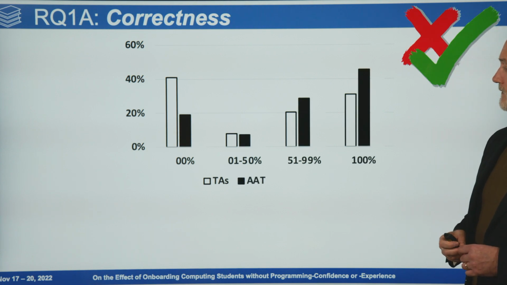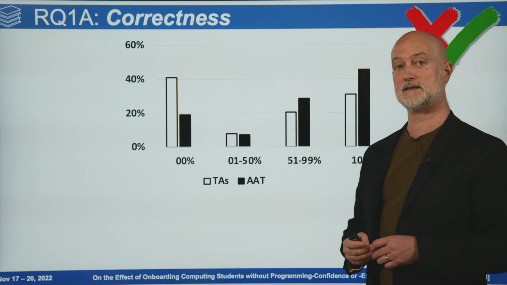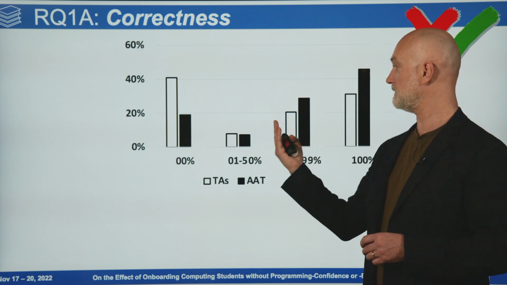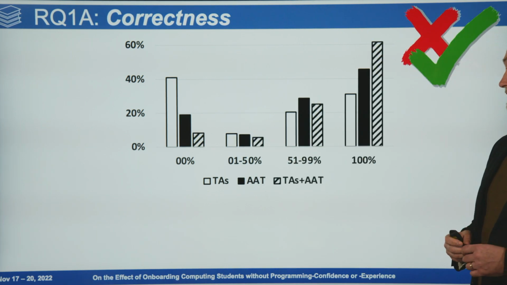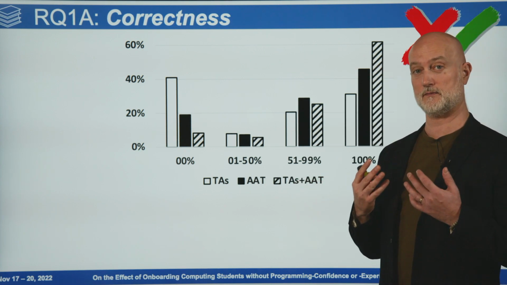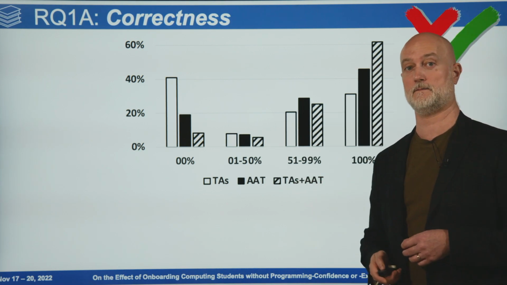If you look at the results under the automated assessment, we see that the results move in the direction of more correct, and even more so when the students have access to both manual and automated feedback.